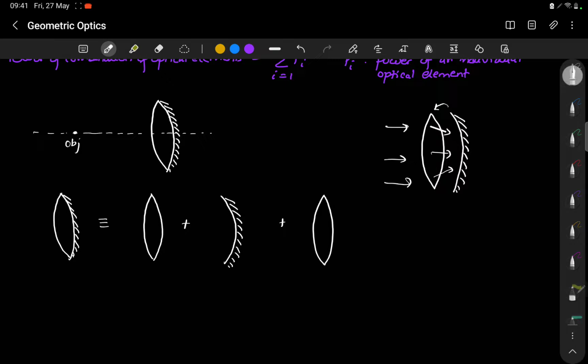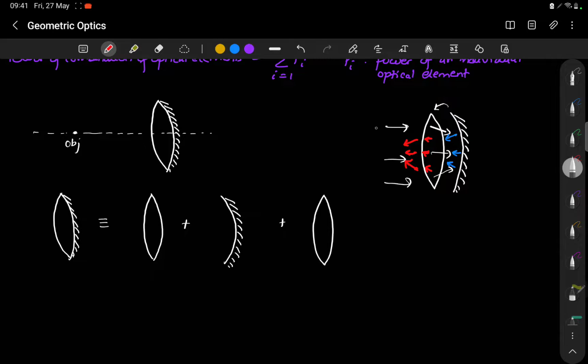So from the mirror these rays will then get reflected, and then they will again encounter the lens and then get further refracted by the lens.